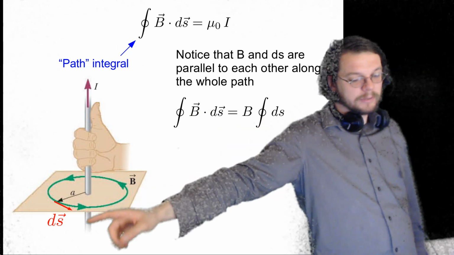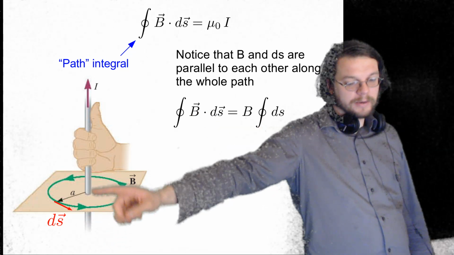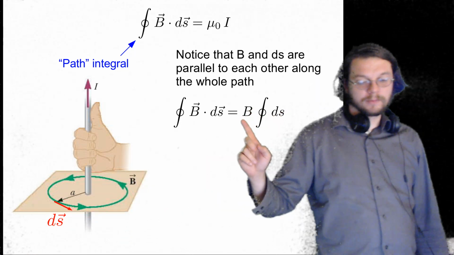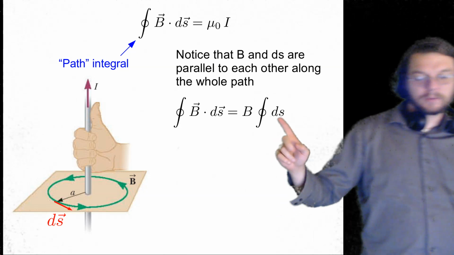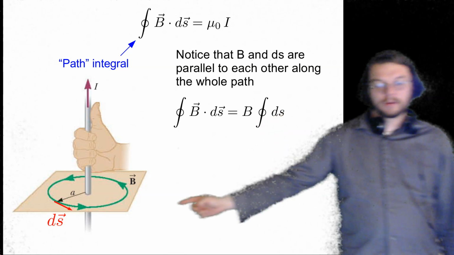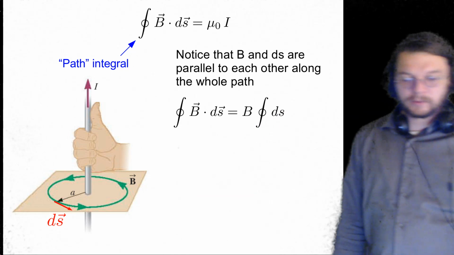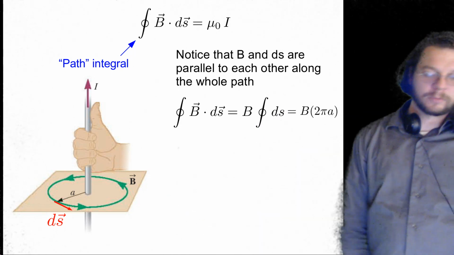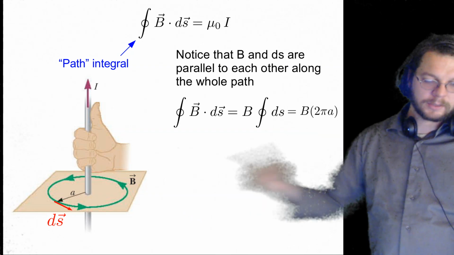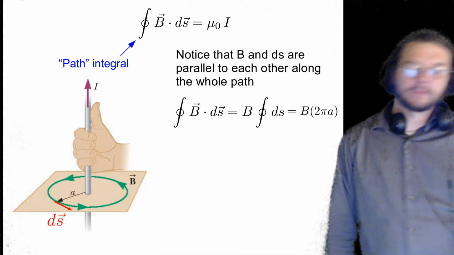And so we can go ahead and get rid of the dot product. Now we know that because we're equidistant from the wire, the magnetic field has to be the same magnitude, so we can take that outside of the integral. Now the only thing we have to do is integrate over these little tiny pieces of path, which in total will add up to just the circumference of the circle, so 2 pi r. In this case, 2 pi a, because a is the distance from the center of the wire.